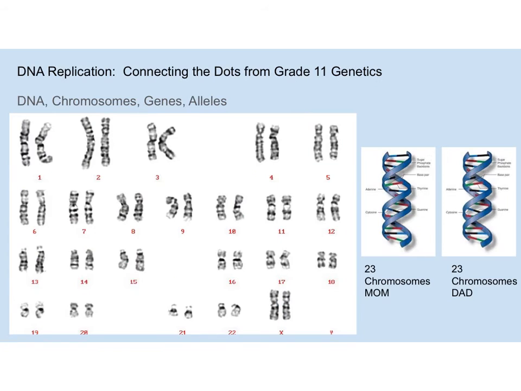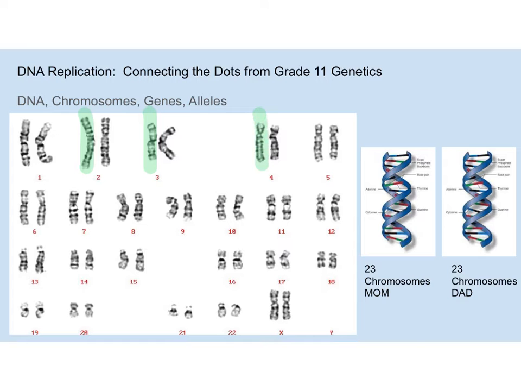Now let's move it further. Now, you remember this picture. This was a karyotype. If we remember from grade 11, we looked at the karyotype, and they said we have 23 chromosomes, and one's from our mom and one's from our dad.